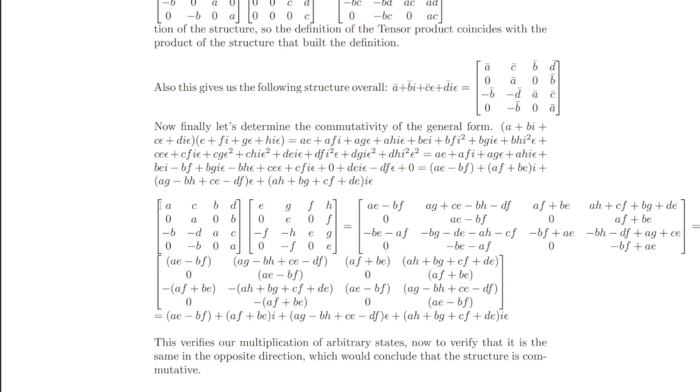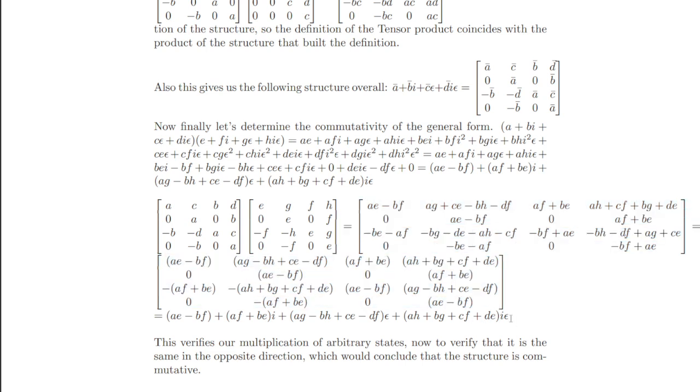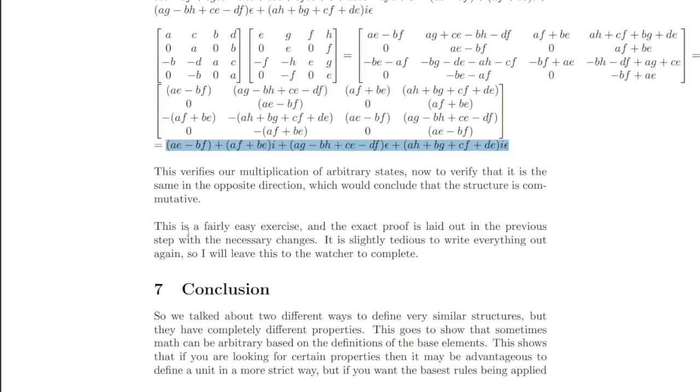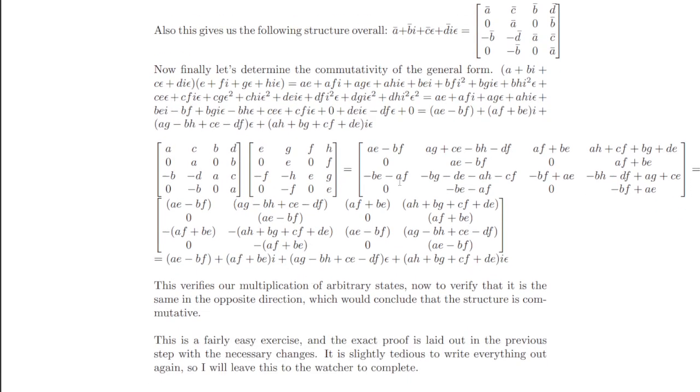So again, let's do exactly what we want. Check if everything commutes, which, oh wait, here we go. This does actually give us the vector we were originally hoping for. Now, I'm not going to actually check if it commutes because I did all the steps here.